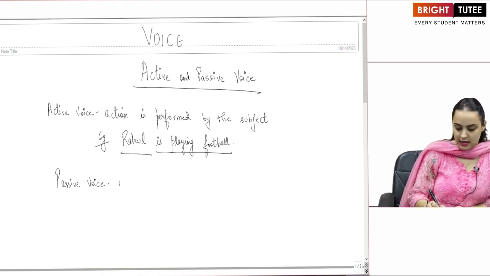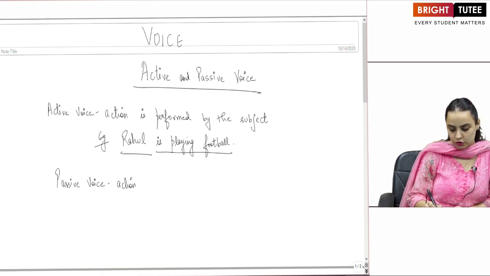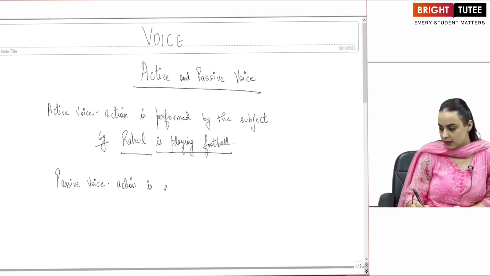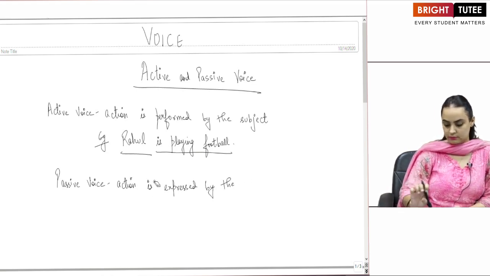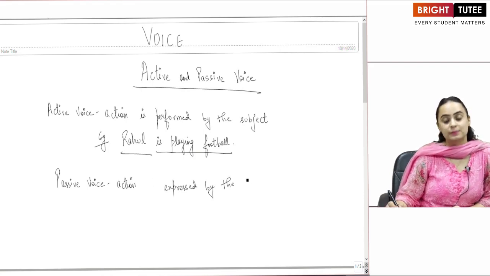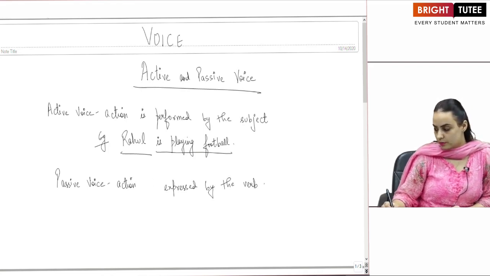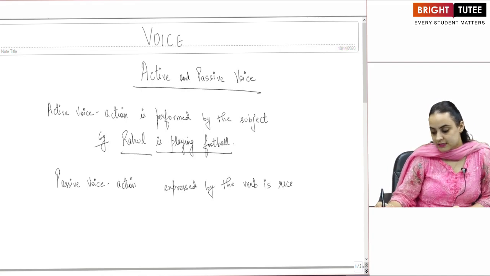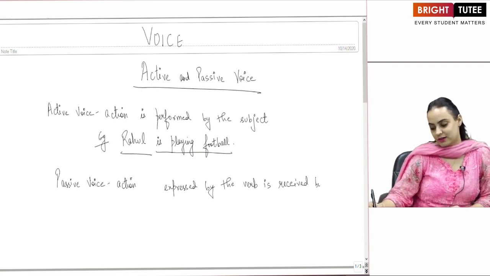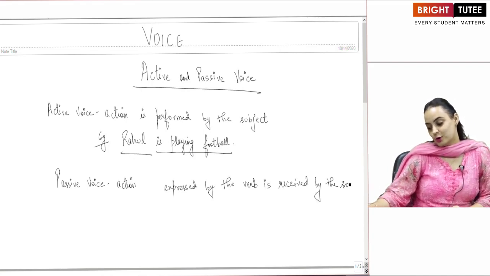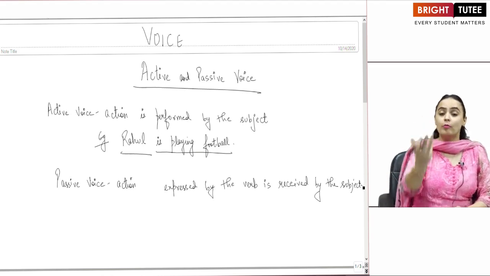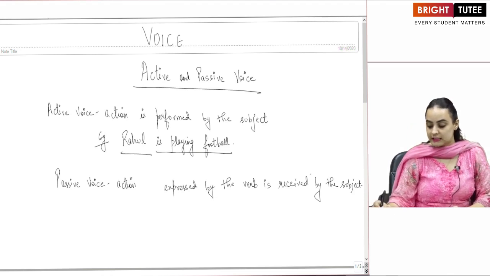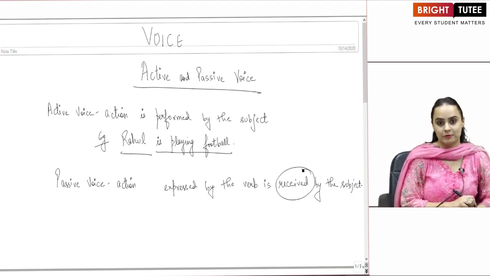Passive voice is that sentence in which the action expressed by the verb is received by the subject. So now the subject is not the performer of the action but is the receiver of the action.